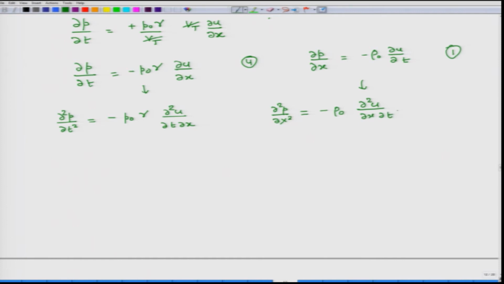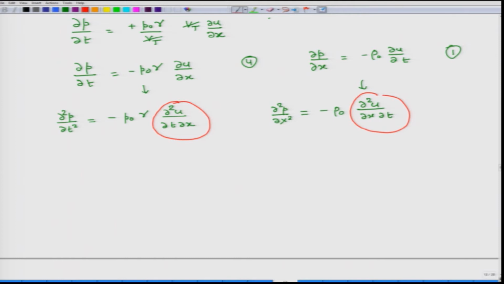Here I have the second derivative of u first with respect to x, then t, and there first with respect to time and then x.